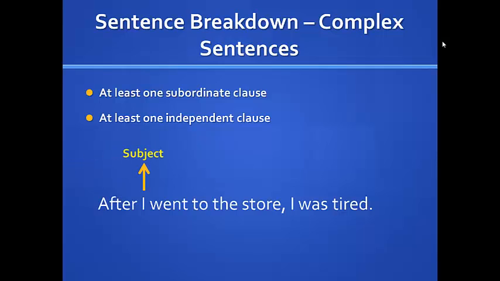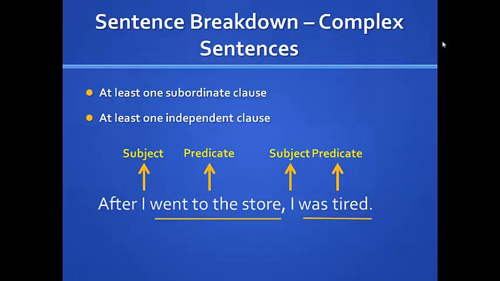We have the subject I, with the predicate went to the store. But after I went to the store isn't a complete sentence. It's not a complete independent clause. That is a subordinate clause. Let's look at the second half of the sentence. I is the subject. Was tired is the predicate. I was tired is an independent clause.